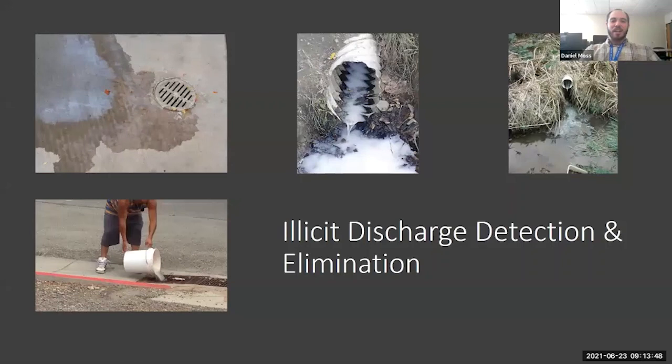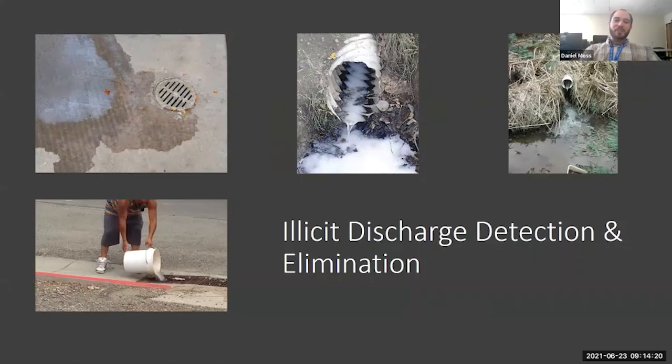And then we've got our IDDE. These are some pretty nasty ones. What causes white water? It could be a wide variety of things, but even something as simple as tile cutting. Tile cuttings create huge amounts of very fine particulates that are whatever the color of the tile, usually white, and a real gross nuisance when it dries up in a creek or a tributary or gets into the river.